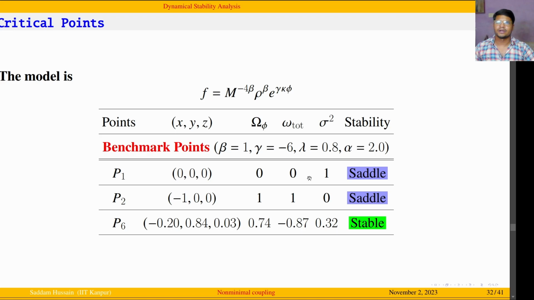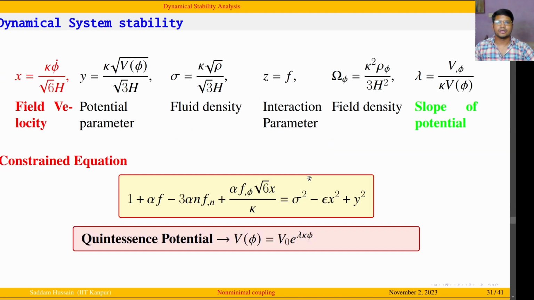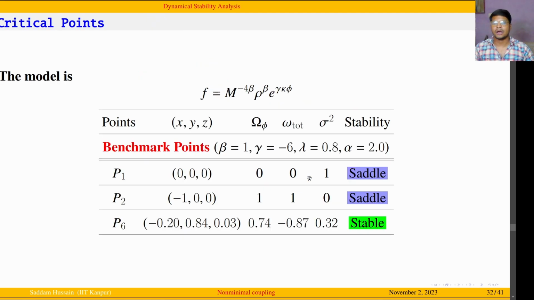So over here, the model that we are working with is again exponential type, because in the Friedmann equation, we have f comma phi. Either you can choose f to be proportional to phi, or we can have e to the power gamma phi, so that we will not get any additional parameter, and thus we do not require any other additional parameter to capture those things.